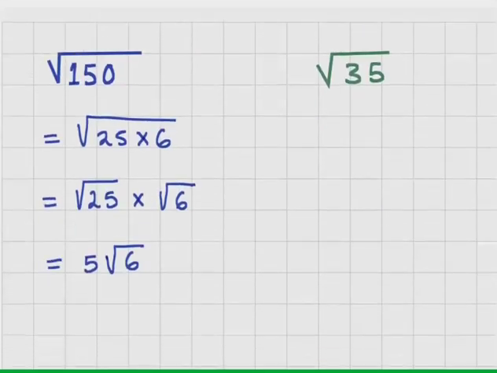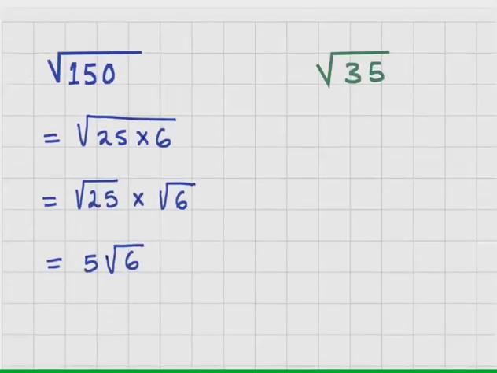My final example is root 35. Now, the square root of 35, if you think about your times table very quickly, the numbers that multiply to give us 35, I can only think of 7 multiplied by 5. We are not going to talk about 35 times 1 because that leaves us in the same place with the 35.